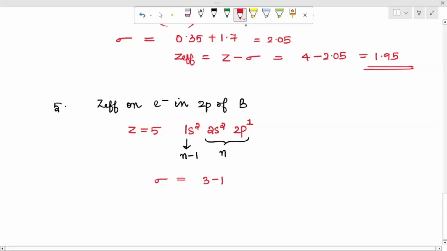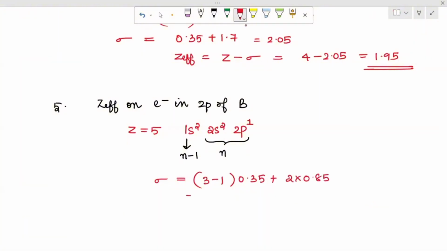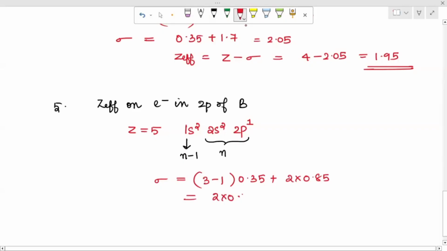So 3 minus 1 into 0.35 plus 2 into 0.85. No rest of the electrons. That's it. So 2 into 0.35 plus 1.7 is your screening constant. Correct? This gives out to be, I have calculated, 2.4 and your Z effective will be 5 minus 2.4, which is 2.6.